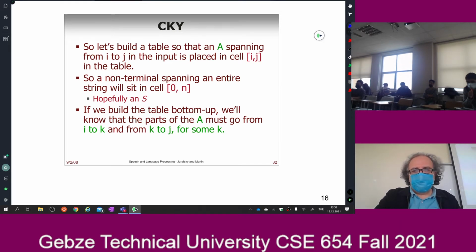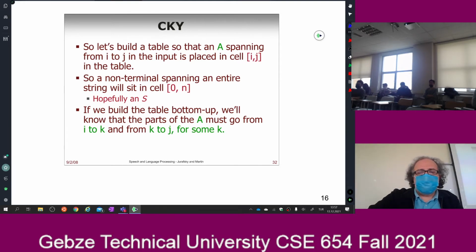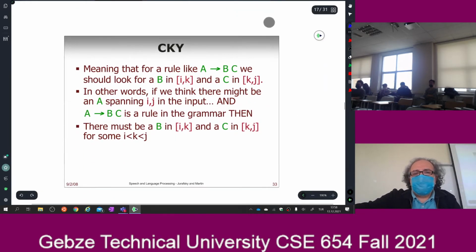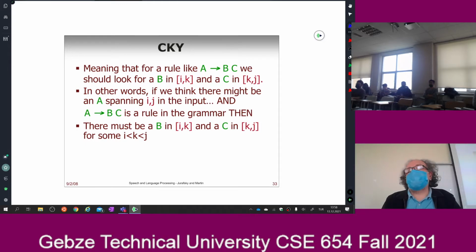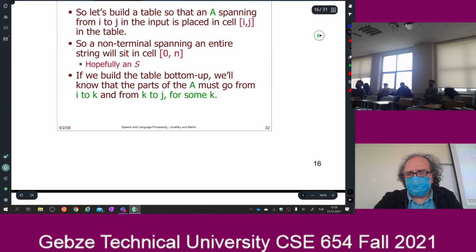Every time I do this for 0 to n, I iterate over the splits 0k to kn, and each of them will be available in my parse table.